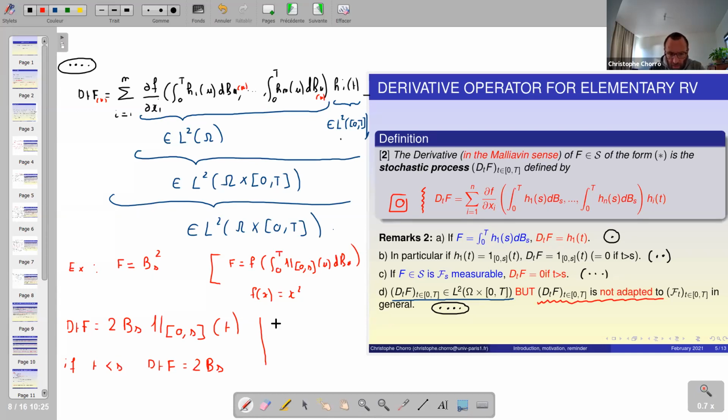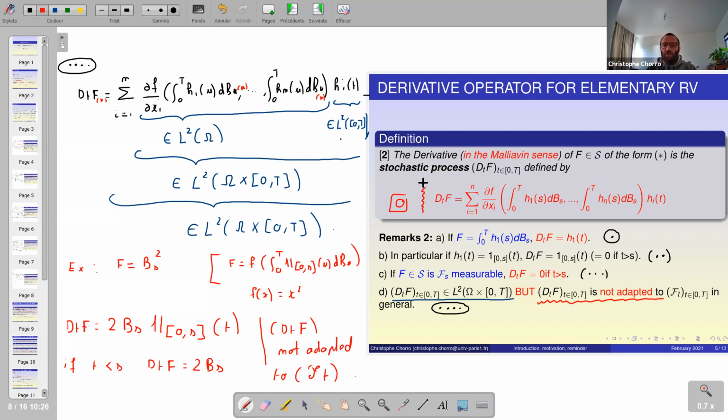So D_t of F is not adapted to F_t, because you see that here D_t of F is F_s measurable and not F_t measurable.